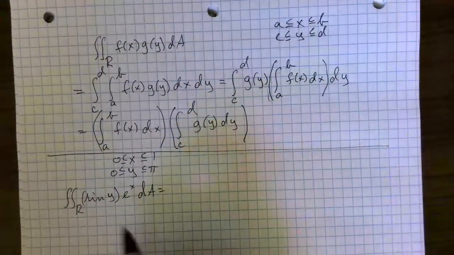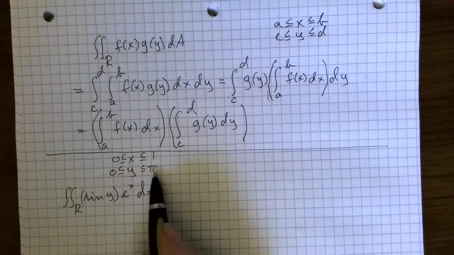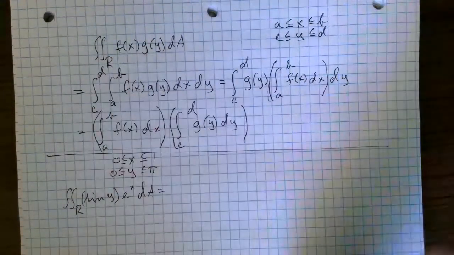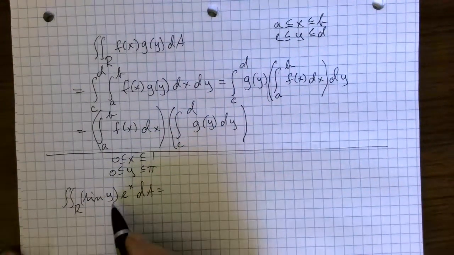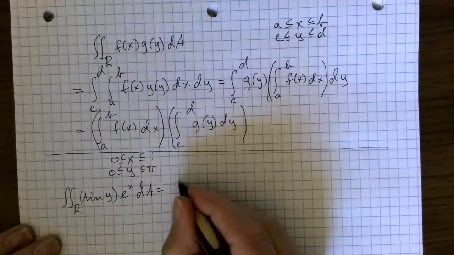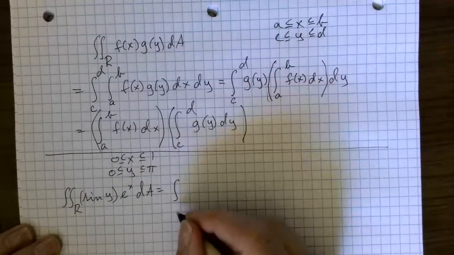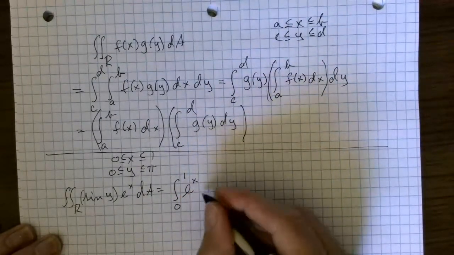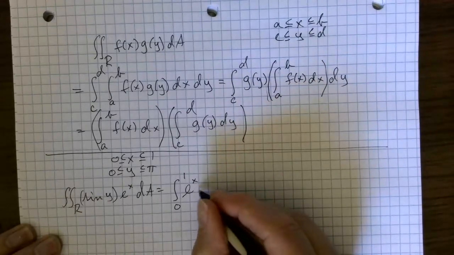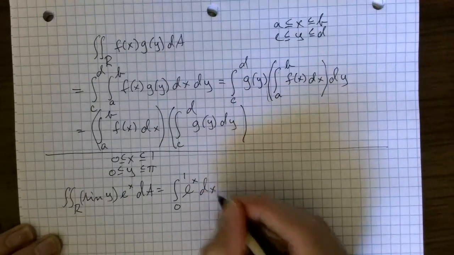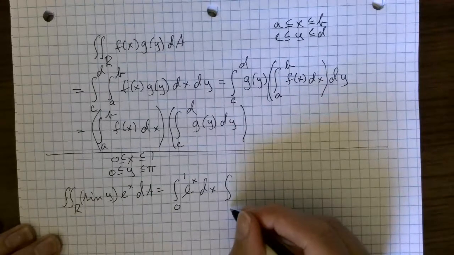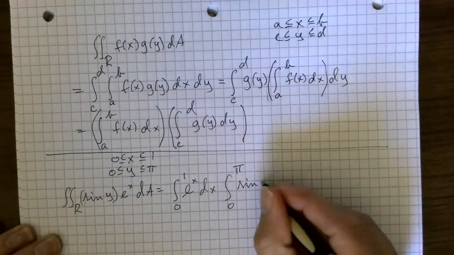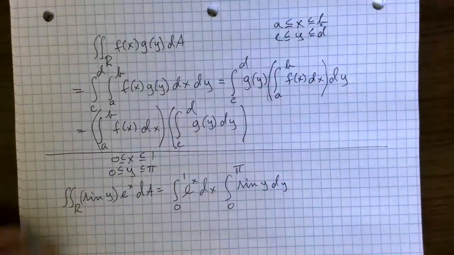Well, we have a rectangle. We have a function of y times a function of x, in any order, and so we can just write this as the integral from 0 to 1 of e to the x dx times the integral from 0 to pi of sine y dy.